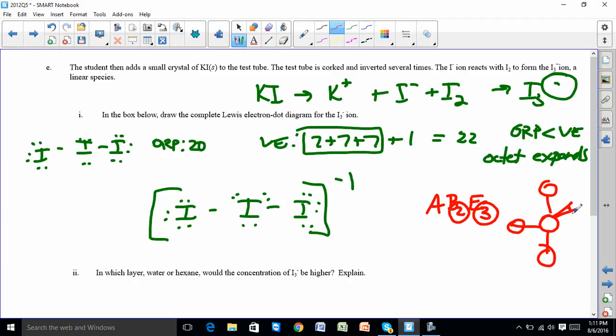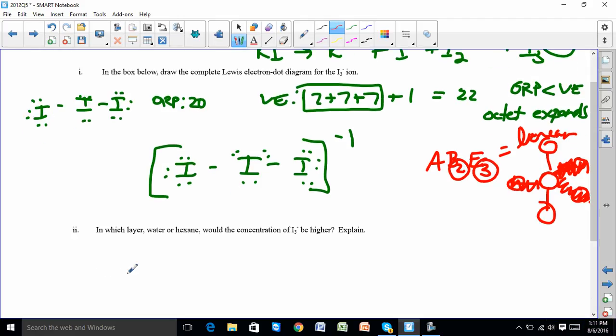So I got 3 of these evenly spaced. 1, 2, 3, 4, 5. But now empty, empty, empty. These are gone because of VSEPR, valence shell electron pair repulsion theory. Anyways, this shape is linear. Not that that matters, but that's just a shape.